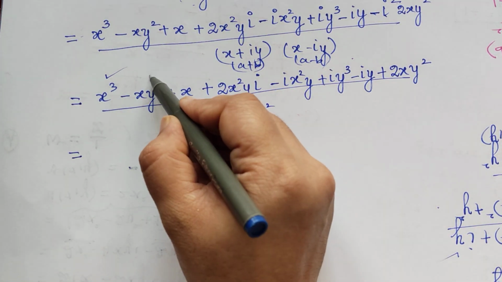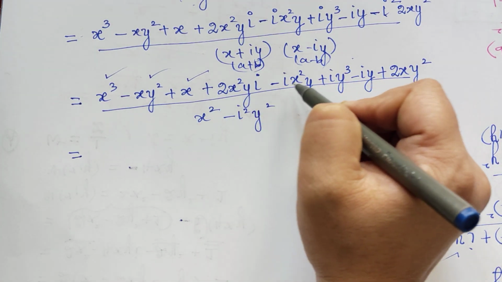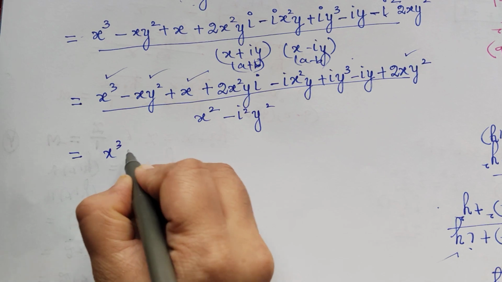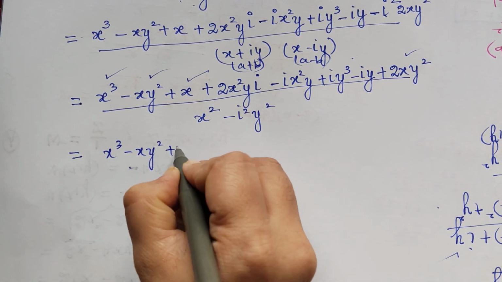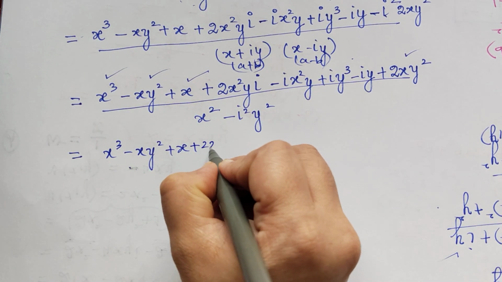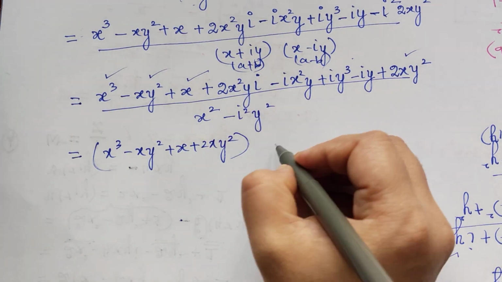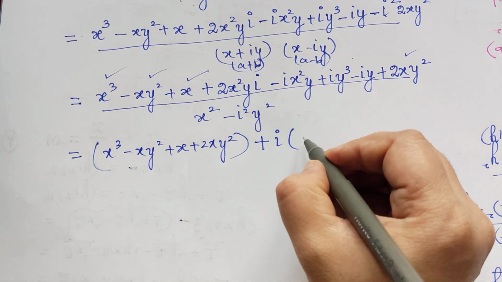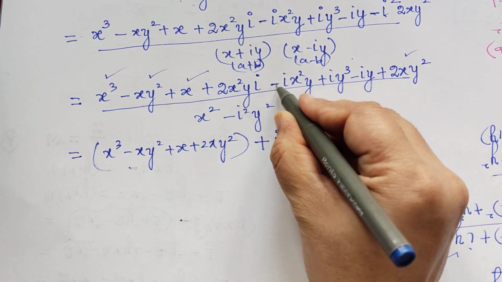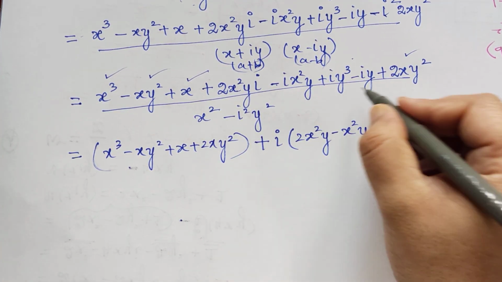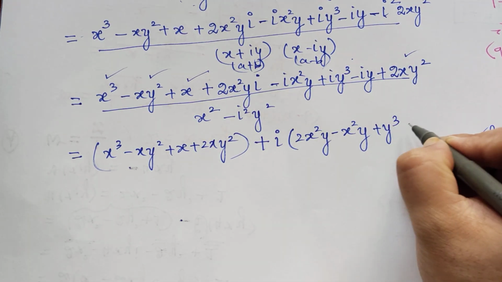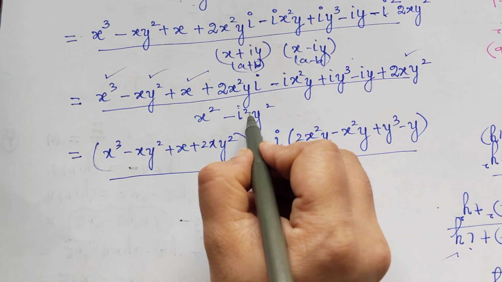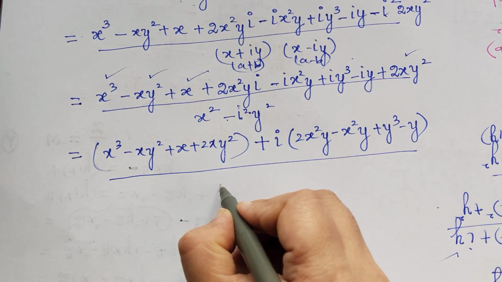So it will be x³ minus xy² plus x, and the last term 2xy², which is a real part, and the imaginary part is plus i times 2x²y minus x²y plus y³ minus y, the whole divided by, now this i² is equal to minus 1, so minus into minus becomes plus.